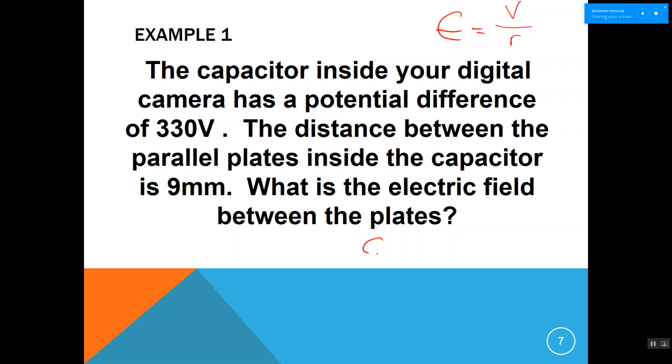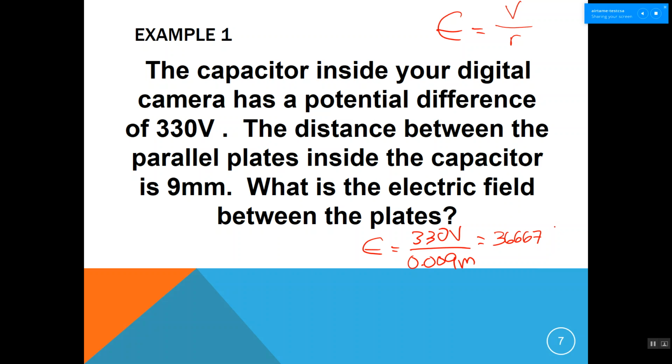So E is equal to voltage, which is 330 volts, divided by 0.009 meters. Someone just punch that in real quick in your calculator. You got something? What are the units?